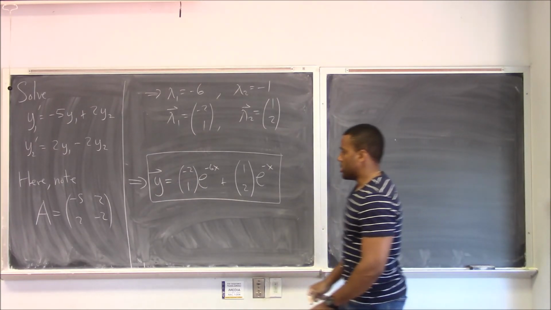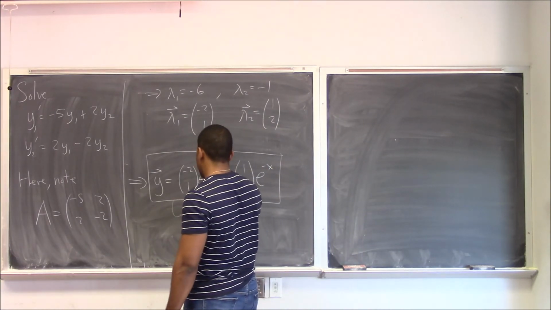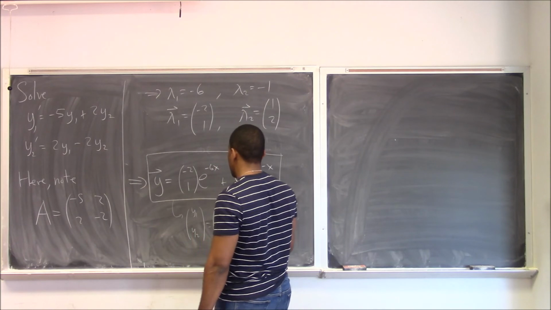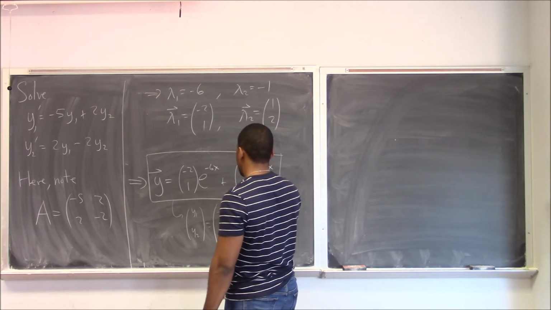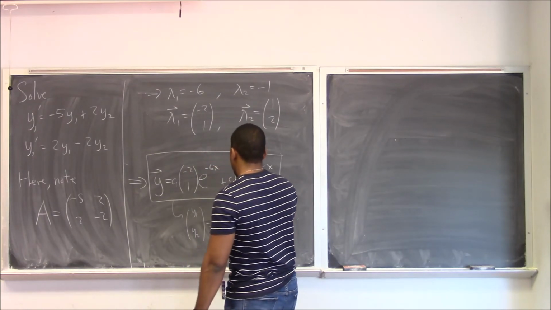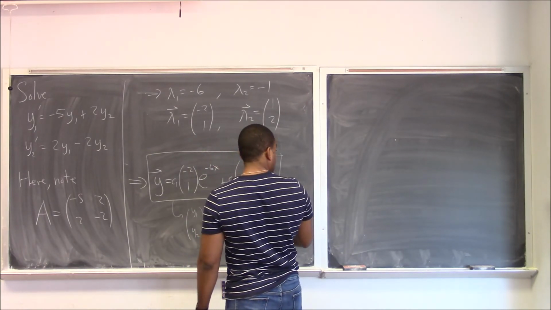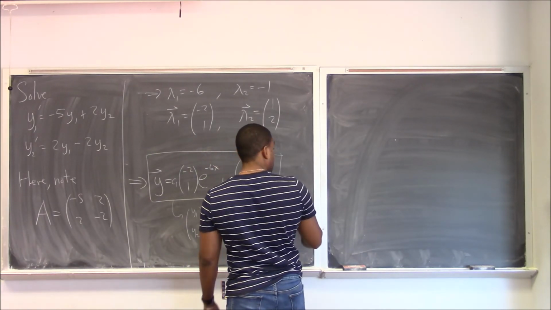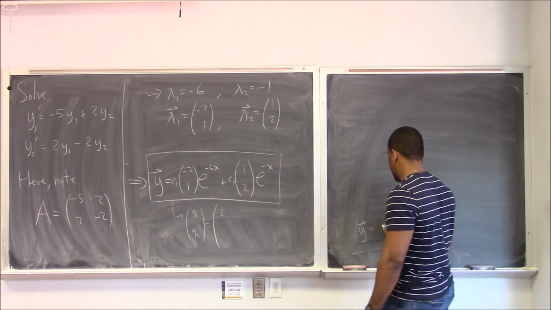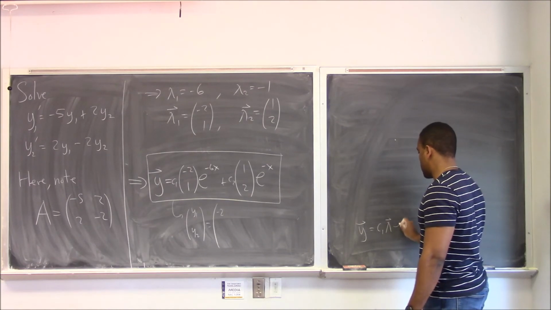So in other words, to flesh this out a little bit, this means that y1, y2 is equal to minus 2, 1, well, technically there should be arbitrary constants here. You should have arbitrary constants on those guys.